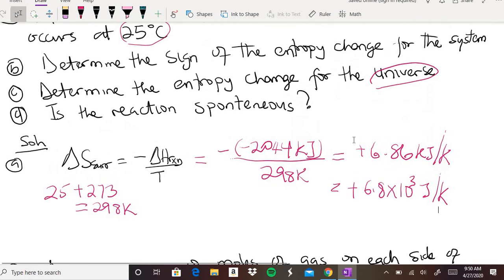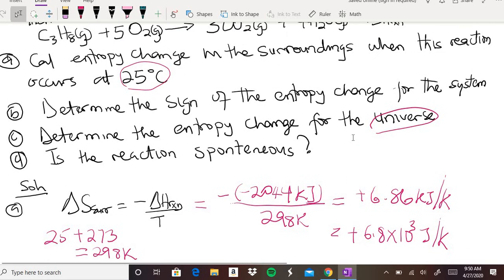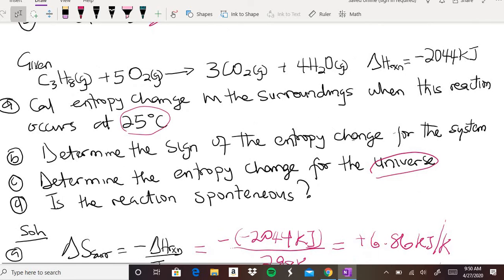For the second part, which says we should determine the sign of the entropy change for the system, what we're going to do is calculate the number of moles of the gas for all the reactants and the products. For the reactants, we have 1 plus 5, which is 6. And for the products, we have 3 plus 4, which is 7.